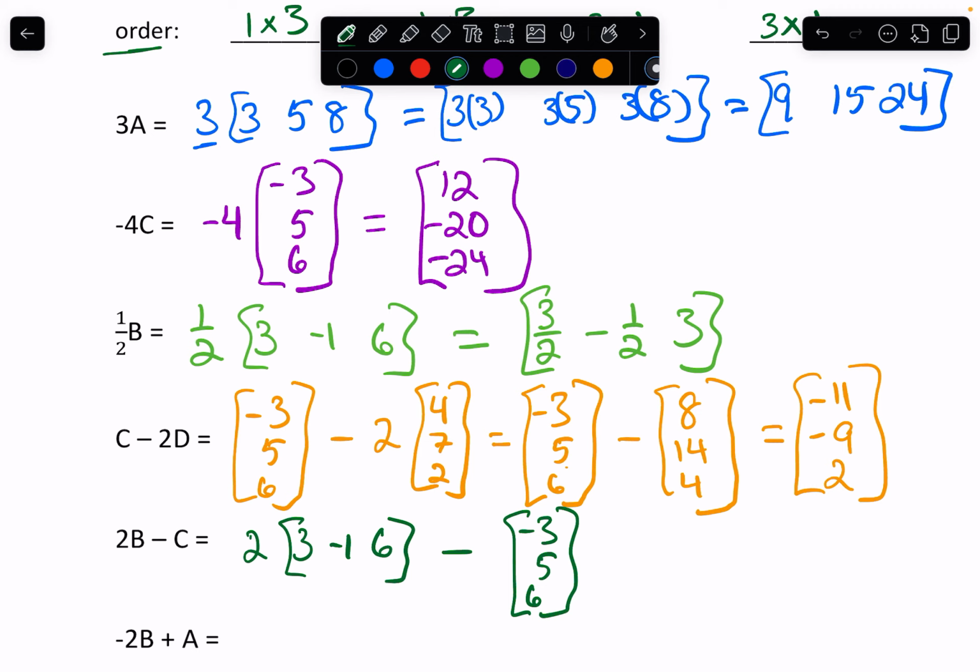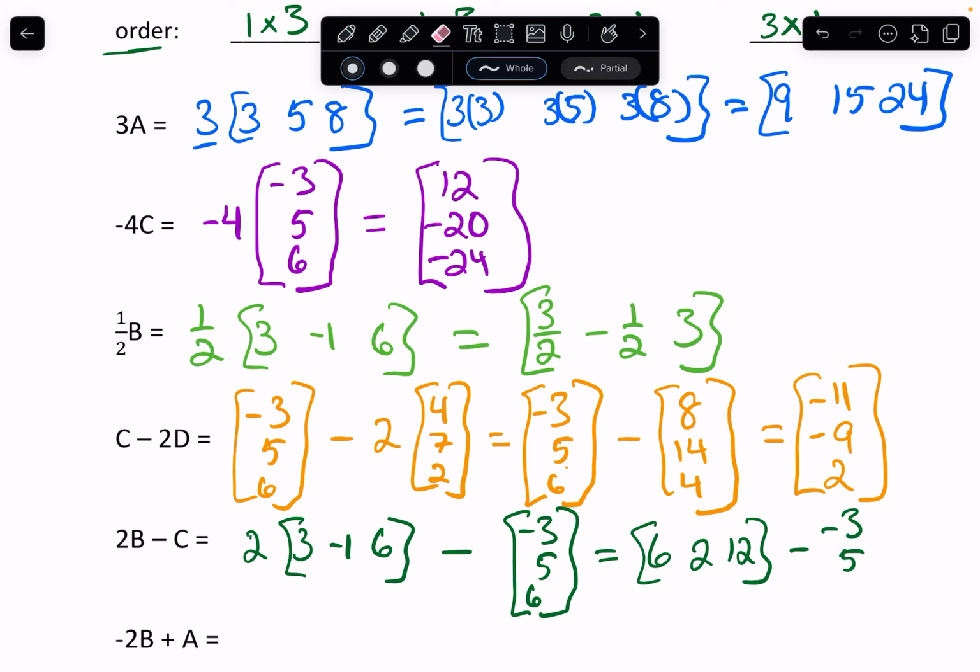First we would multiply 2 by matrix B, so we get 6, -2, and 12.